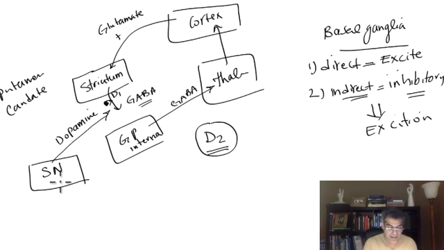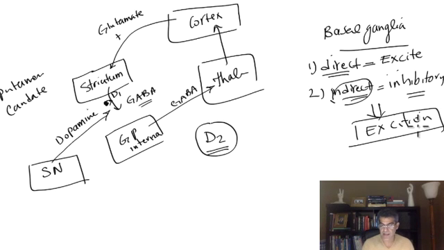So in a sense, substantia nigra is going to increase the activity of direct pathway, and it's going to decrease the activity of indirect pathway. So overall, I would say substantia nigra is going to excite your brain. It's going to make excitation.